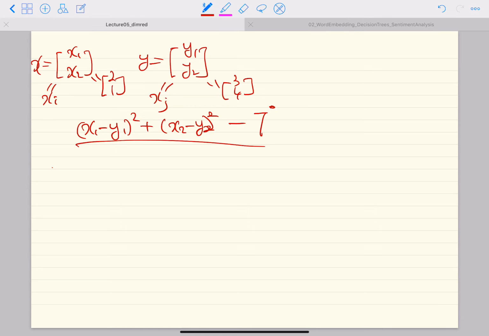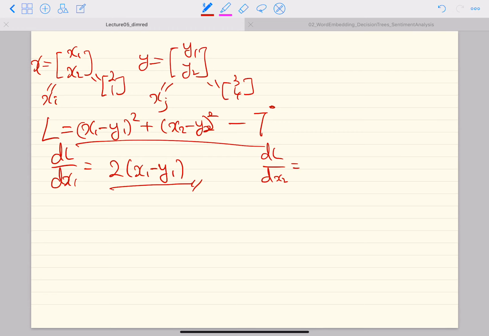This is our loss function, and dL/dx1 is that, right? And dL/dx2 is that.